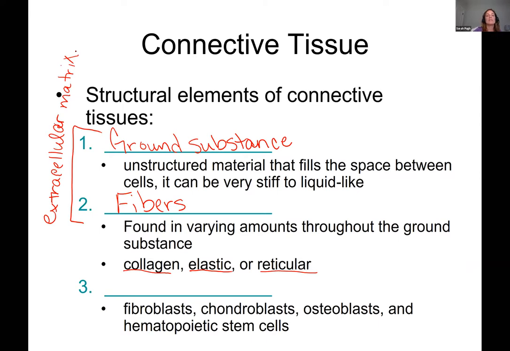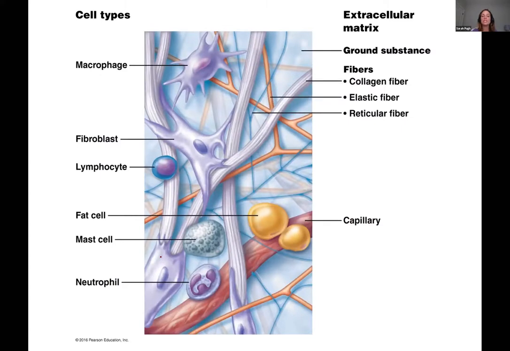And then the other thing that you'll find in your connective tissue are the cells. That's the third thing. Okay, so fibers and ground substance together make up the extracellular matrix. And then we have cells. And the cells are going to vary based on the type of tissue we're looking at. So this is a great example. This is just a picture from your book.